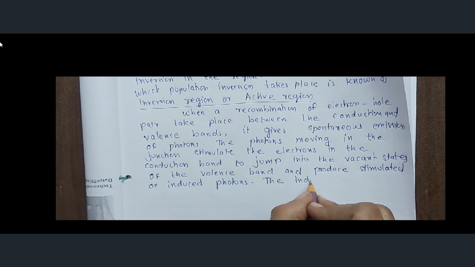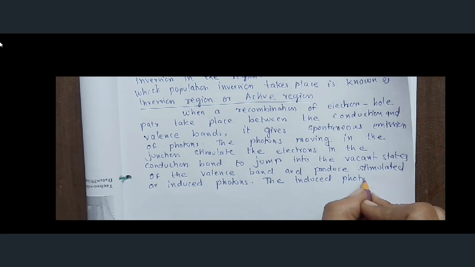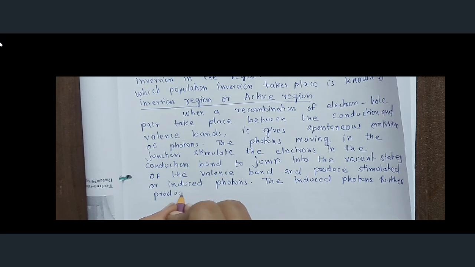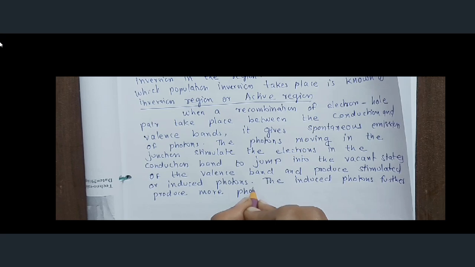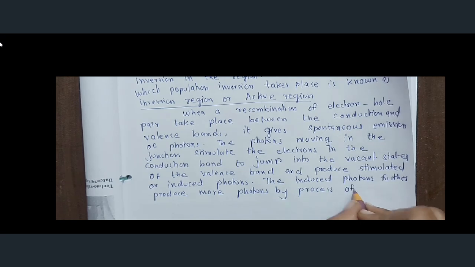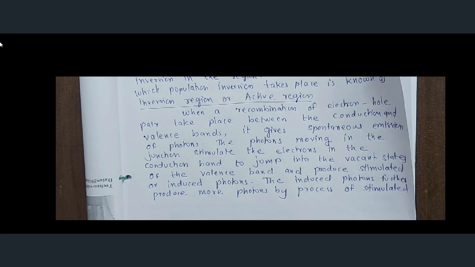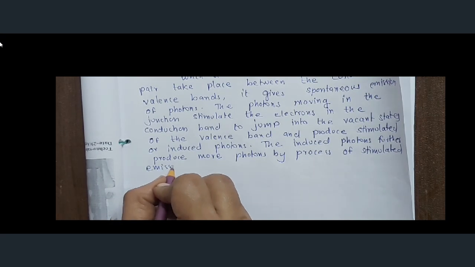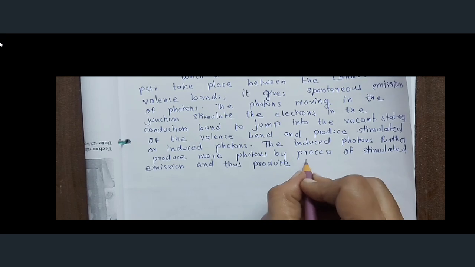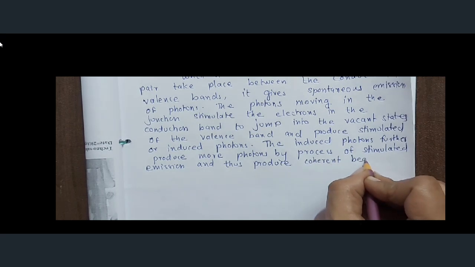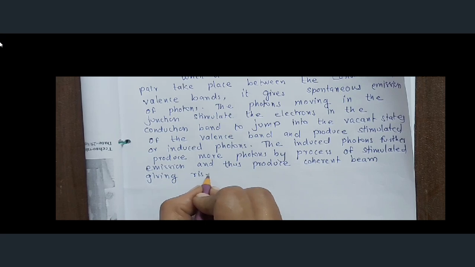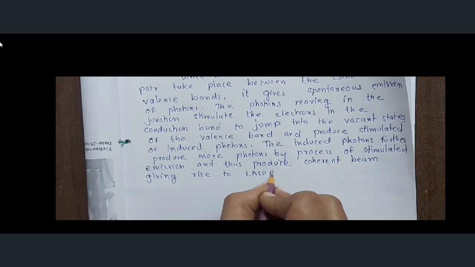The induced photons further produce more photons by the process of stimulated emission and thus produce a coherent beam, giving rise to laser action.